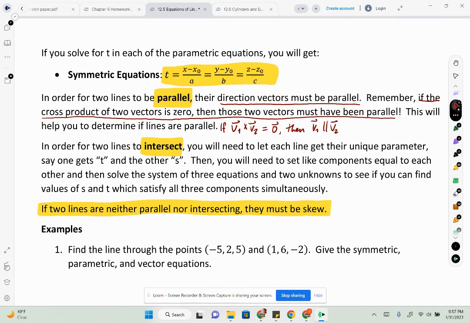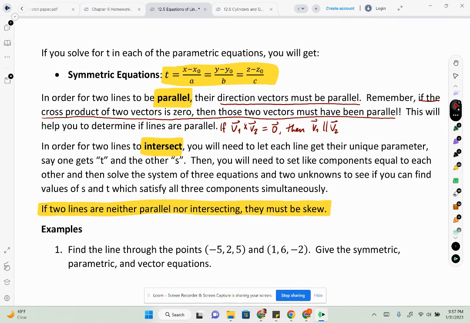So for line 1, I would use the parameter t, and then maybe in line 2, I would use the parameter s. Okay, and then I'd have to set components equal to each other, and I'd solve a system of 3 equations. If I can find an s and a t value that satisfy all 3 equations, then I know that the lines do intersect, and I can plug in the t and the s values to determine where they intersect.